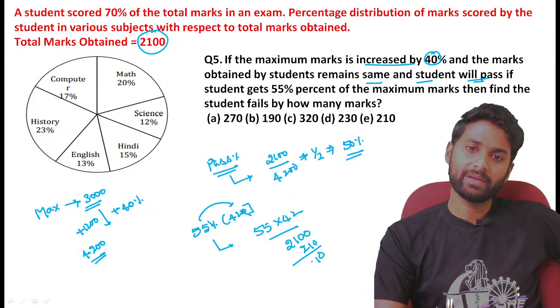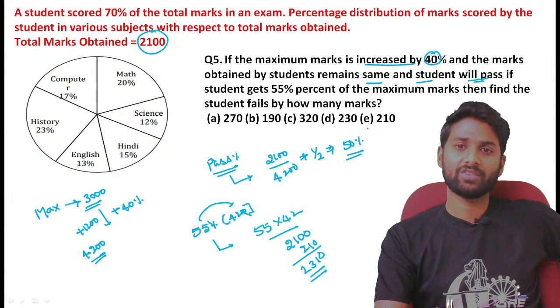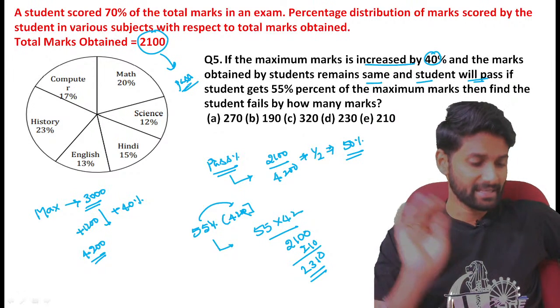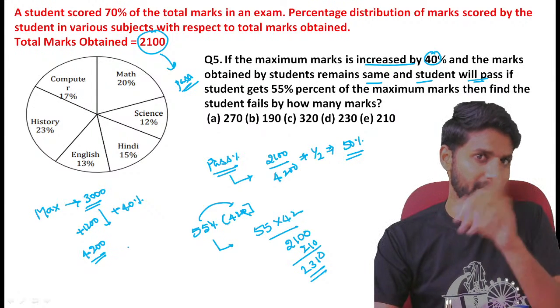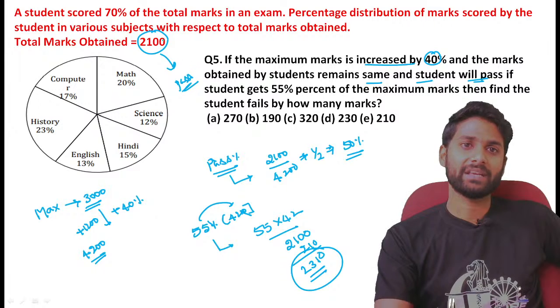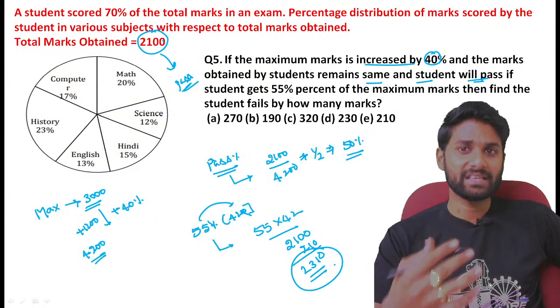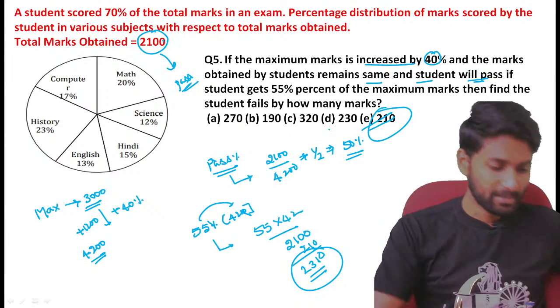So now the value becomes 2310. Now see, we already mentioned that what they are getting is exactly equal to the pass mark. According to this question, what they are getting is exactly equal to the pass mark. If you consider 4200 as the maximum mark according to the question, now they are getting 2310. Now pass mark is 2100, they are getting 2310, which means the difference can be defined as the students fail by 210 marks.